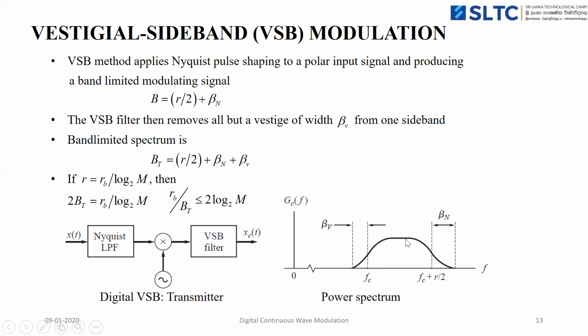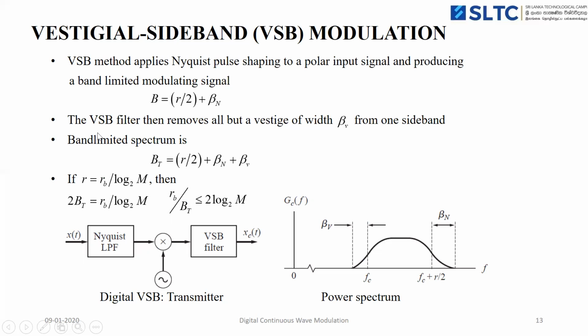From this waveform, you can see the power spectrum for the VSB. The actual bandwidth is only R by 2 for the VSB. But due to the leakage of power at the edge of the spectrum, we consider beta V and beta N. So the total bandwidth for the VSB is equal to R by 2 plus beta N plus beta V. And we know the relation for the bit rate and input rate is R equal to RB by log 2M.